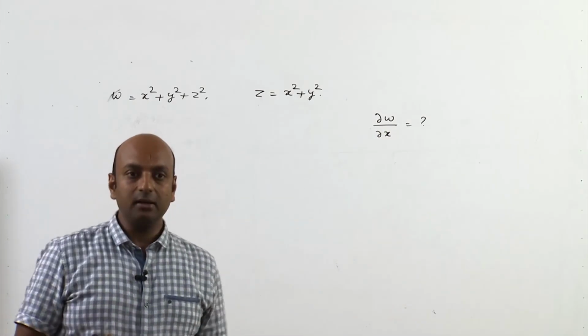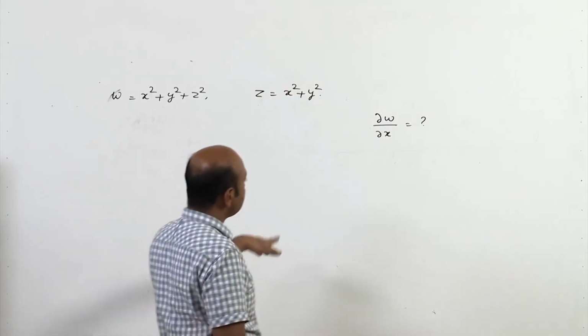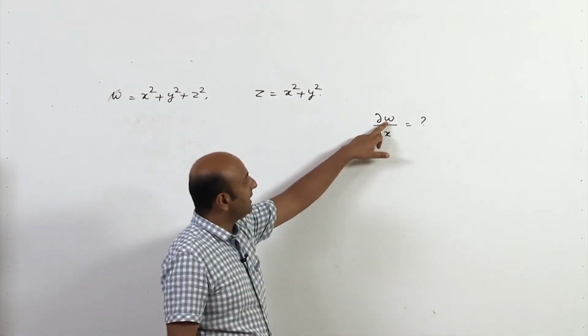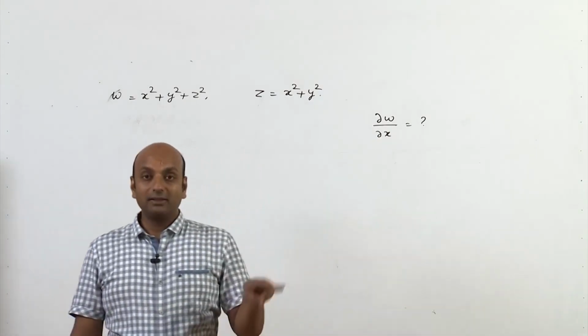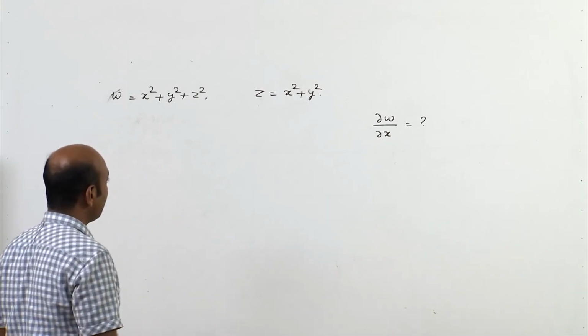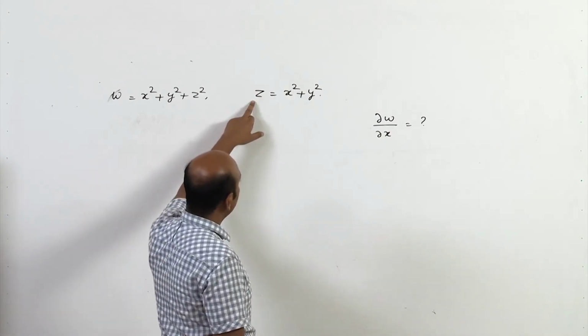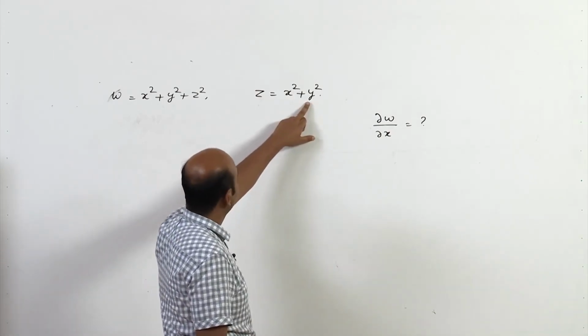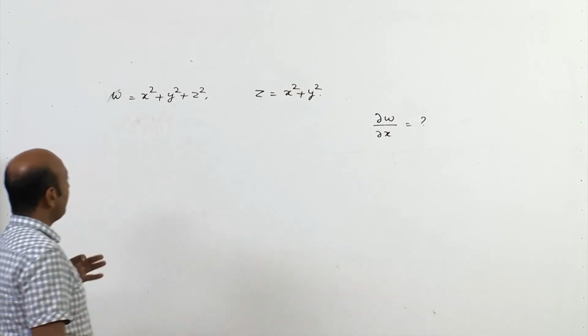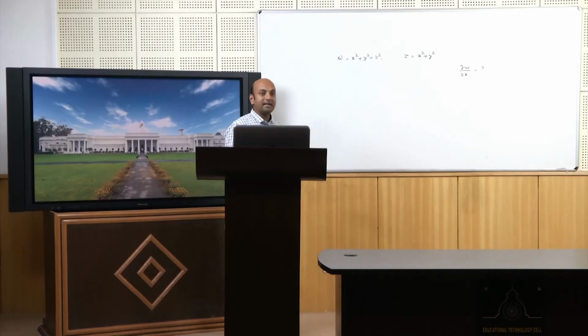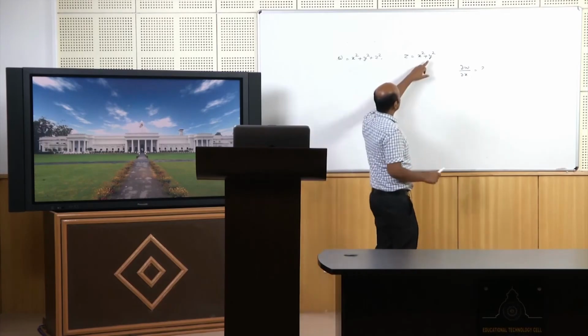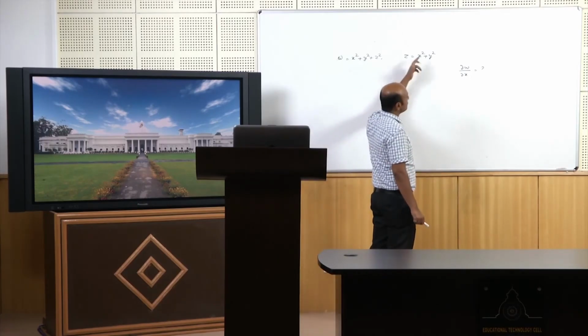One thing is clear. For other variables z and y, we do not know which variables are dependent and which are independent. Because we can also write y square as z minus x square.